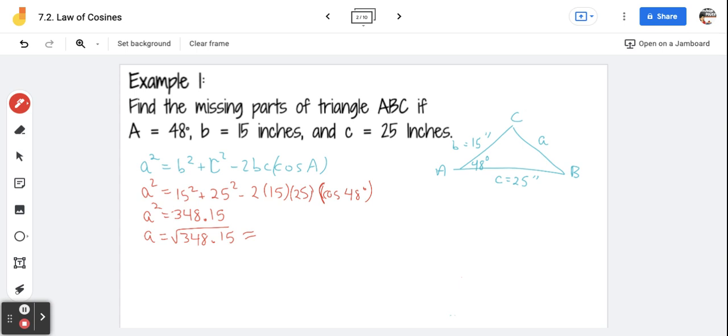It's 18.7 roughly. So in keeping with significant digits, let's keep it to 2 significant digits. Let's just round it up to 19 inches. All right, so side A is found.